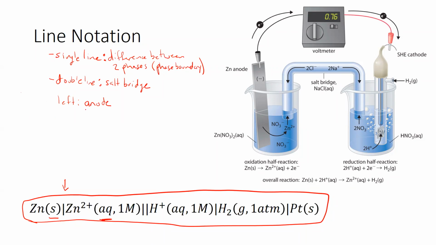So the anode is going to be the thing that's the farthest left, and then the other components of the anode compartment. What you'll notice is we have a zinc solid as the anode. Then you have a phase boundary. And then you have the contents of the anode compartment.